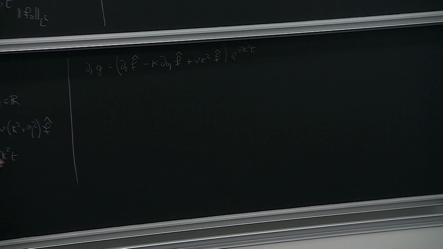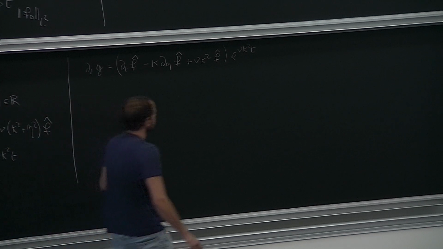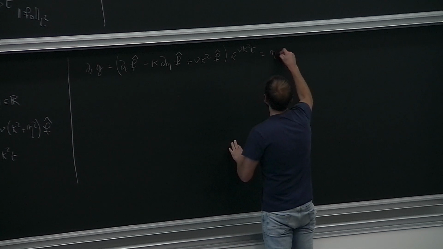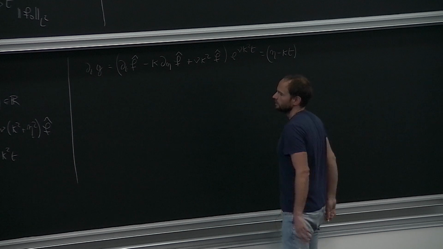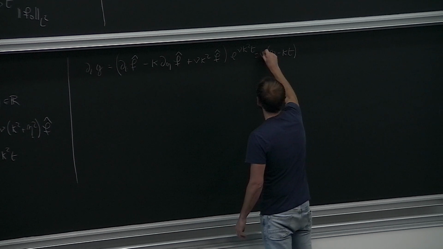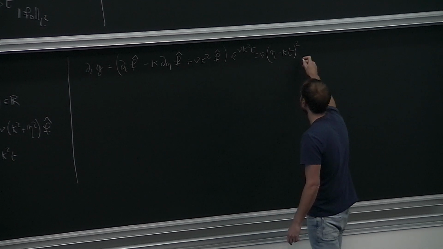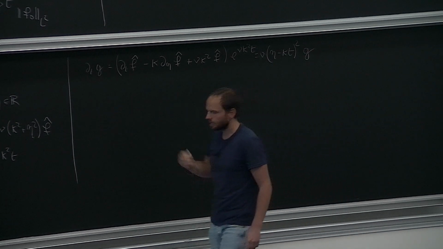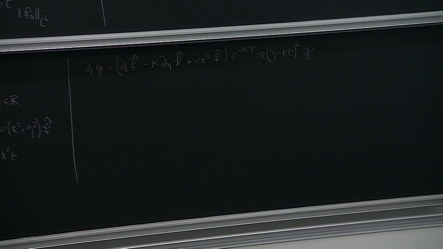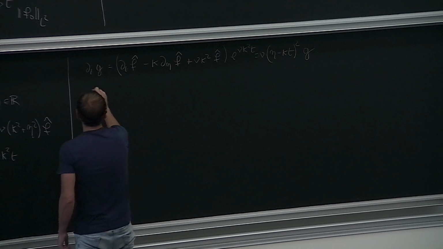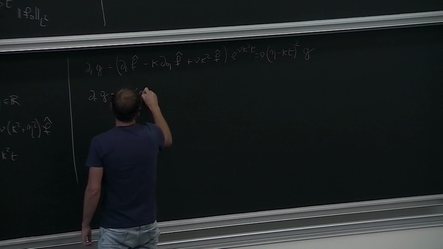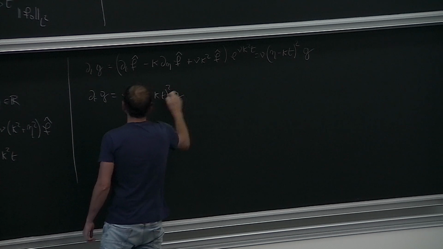And then it's equal to the remaining term, but not at eta, at eta minus kt. So this equals minus nu (eta minus kt) squared f hat times e to the nu k squared t, so I just put g. So dt g is just minus nu (eta minus kt) squared g.